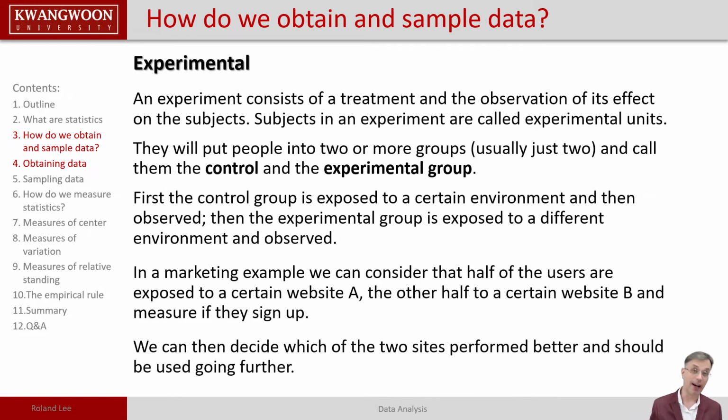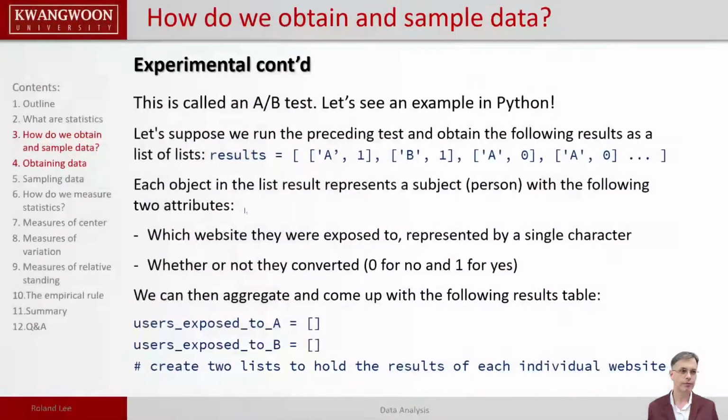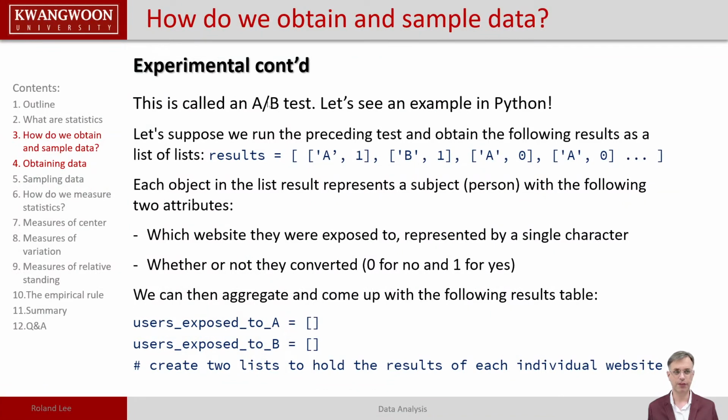We can then decide which of the two sites performs better and should be used going forward. This is called the A/B test, and we can see an example in Python as well.